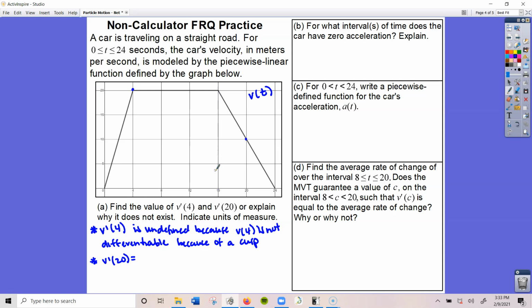So this is negative 20 over, and then this is 16 to 24, which is 8 units. And negative 20 over 8 can be simplified to negative 5 over 2. And our units here, because this is in meters per second, this is acceleration, so this will be meters per second squared.